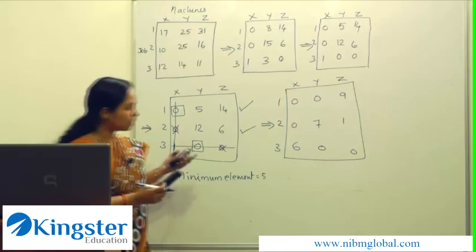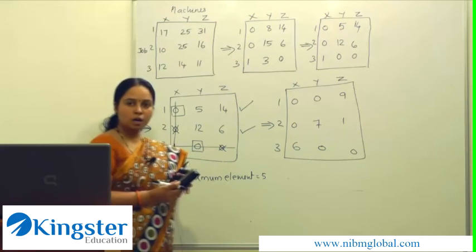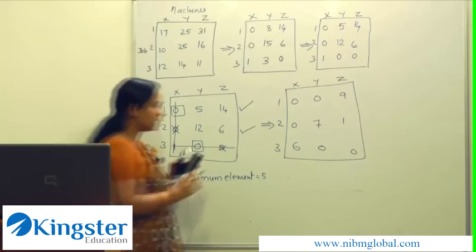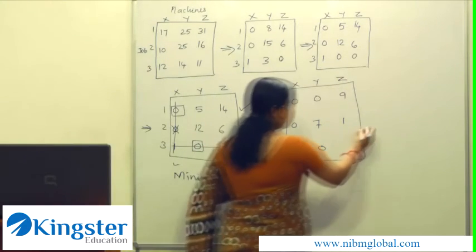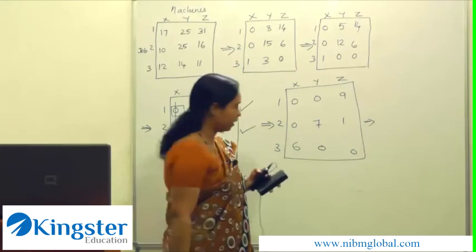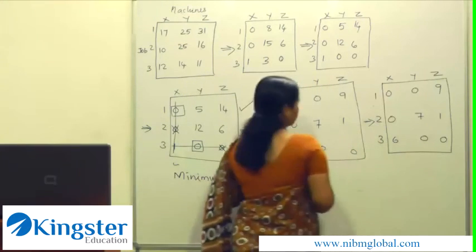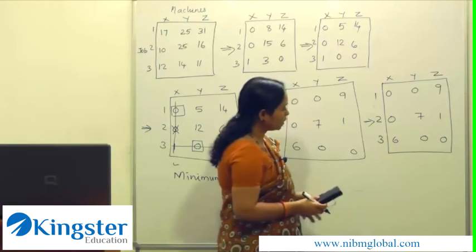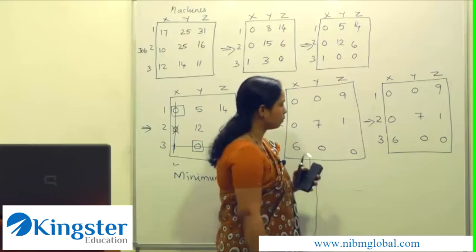Now, we have to give assignments to this newly constructed table. Let us start giving assignments. We can reproduce it once again. So the new matrix is 0, 0, 9, 0, 7, 1, 6, 0, 0.